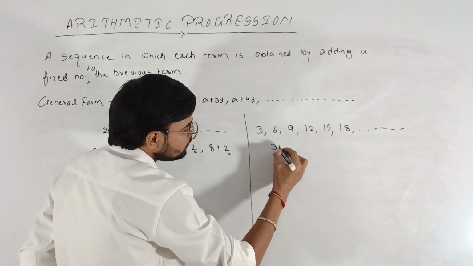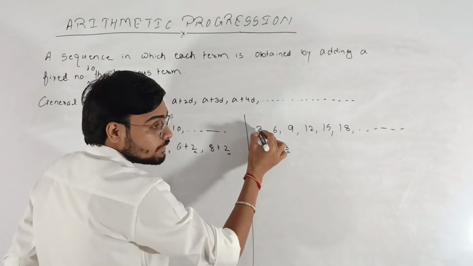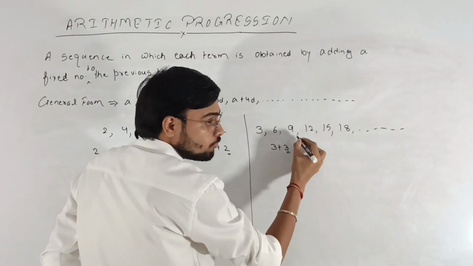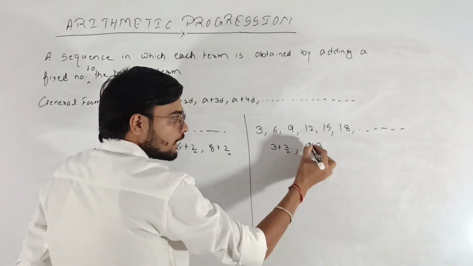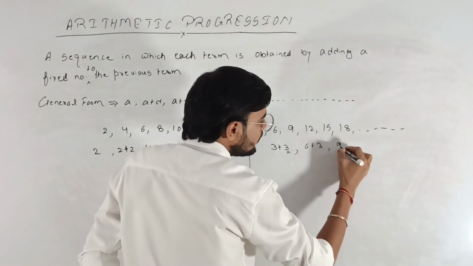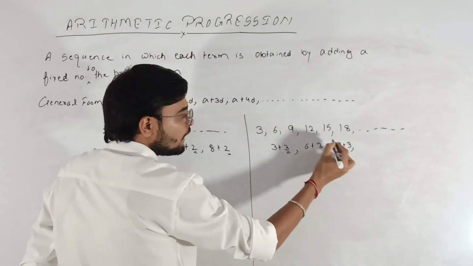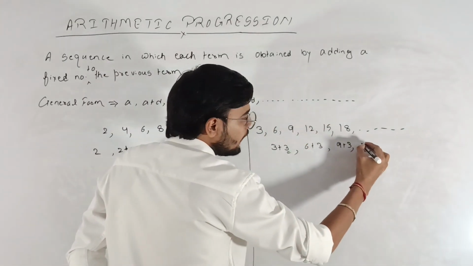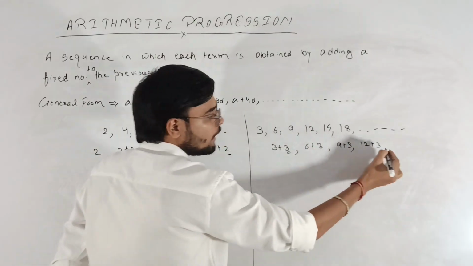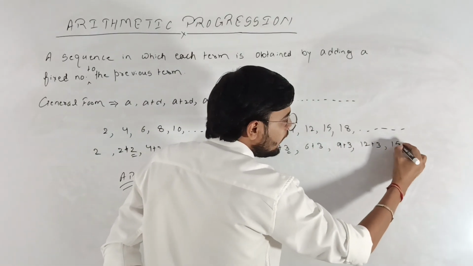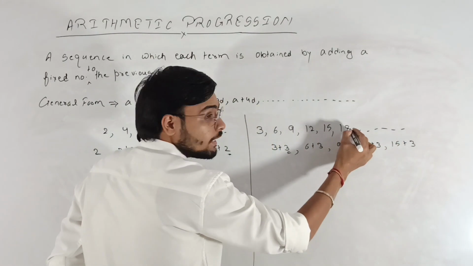I add 3 to this 3, then I obtain 6. Now for 9 I again add 3 to 6, then I obtain 9. Now for 12 I add 3 to 9, then I get 12. Now for 15 again I add 3 to this 12, then I get 15. Now for 18, what do I do? I again add 3 to this 15, then I get 18.